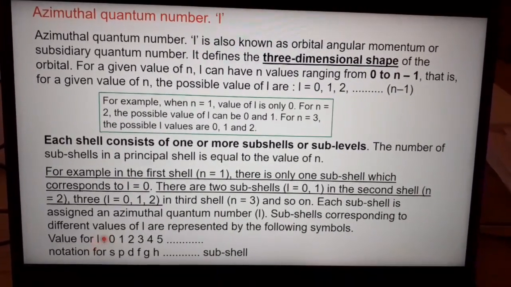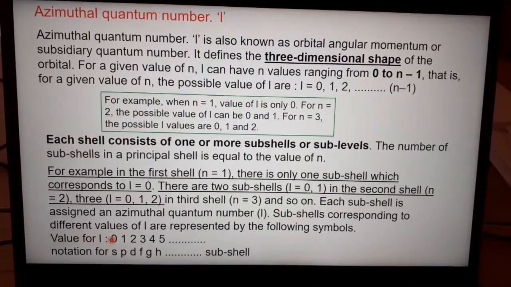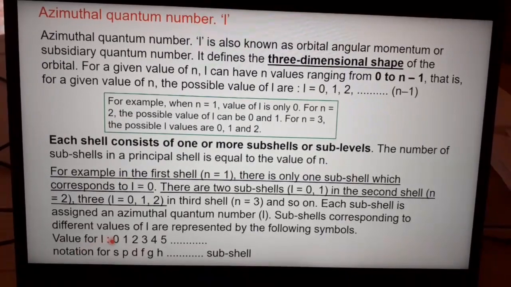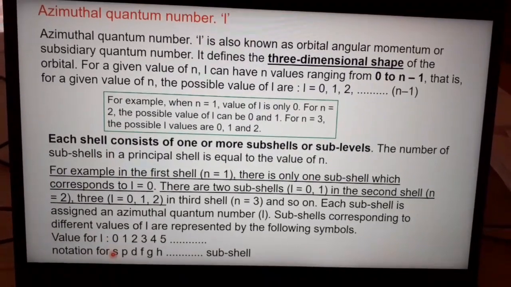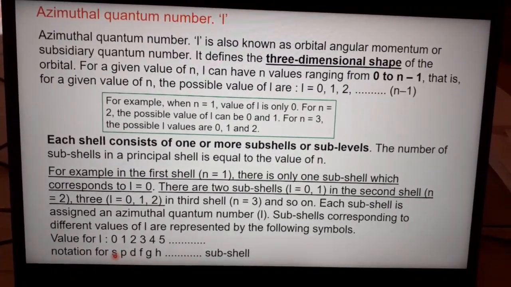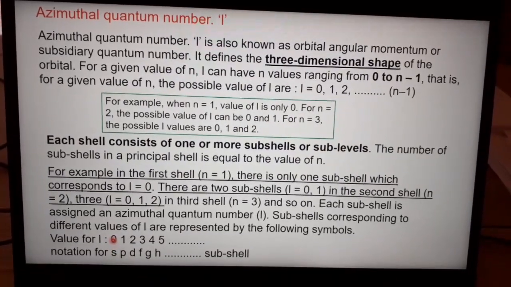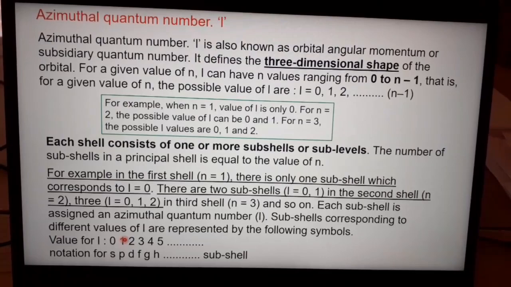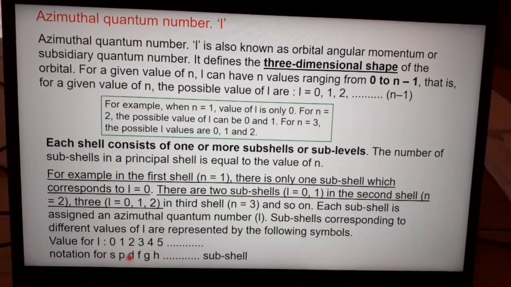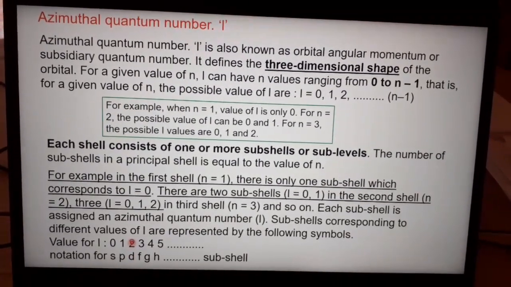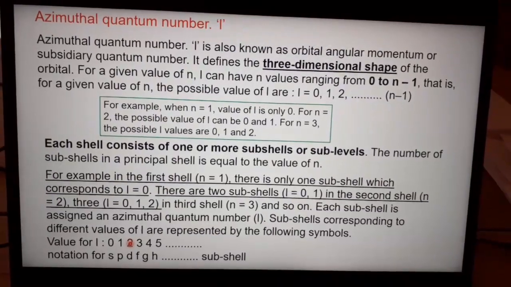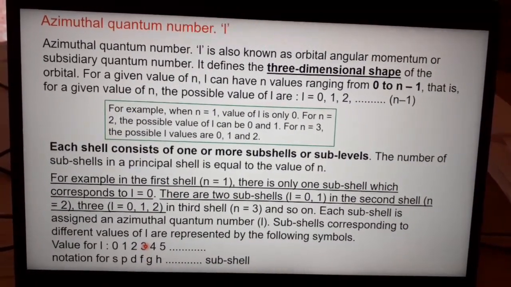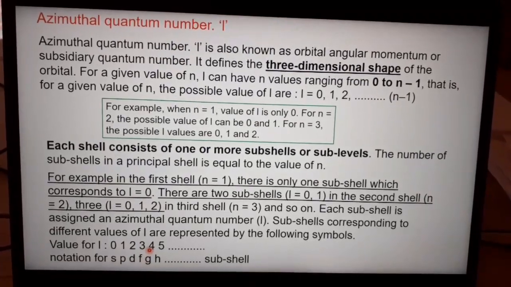And if we find the different L values, like L equal to 0, 1, 2, 3, 4, then we can designate them as subshells: S corresponds to the value of 0, P corresponds to L value 1, D subshell corresponds to L equal to 2, and F subshell corresponds to L value 3, like that, right?